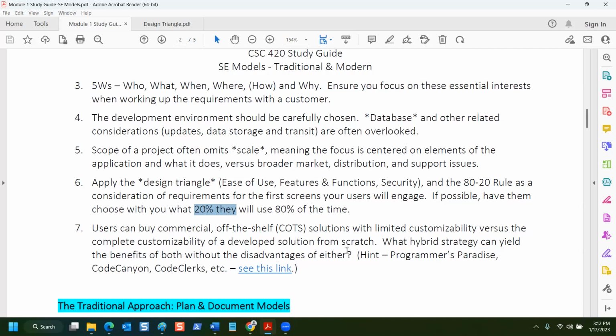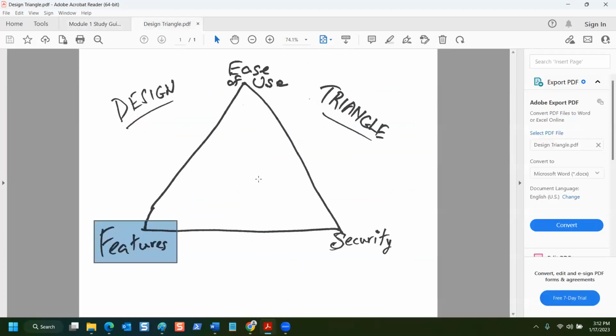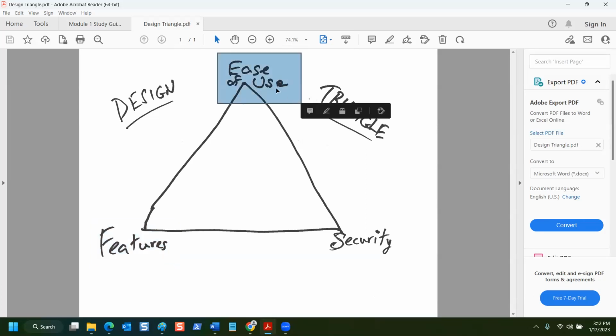If that's true, and that's actually a pattern, and it's a repeatable, verifiable aspect of human nature and the universe, it's like a law of gravity, right? What does that mean when you're looking at the design triangle? When you're looking at the design triangle, how do you put fewer things to make it simple, to keep it simple for a user so they don't run screaming from the room?